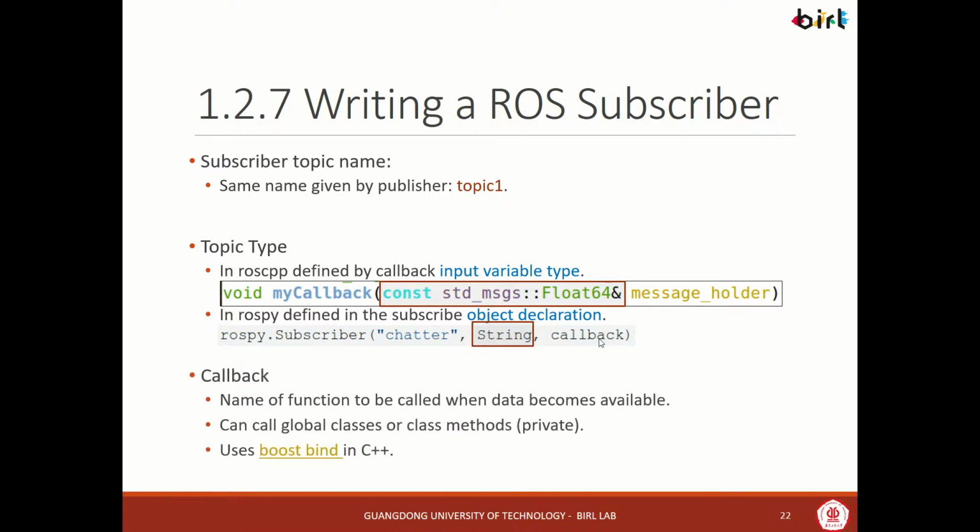Okay, now remember that callback is the name of the function that we're going to call when the data becomes available. This callback can be either a global function or a class method, which is private. For now, in our current example, we're going to look at a global function. And in C++, this particularly works through something called boost::bind. You can click here for more details.